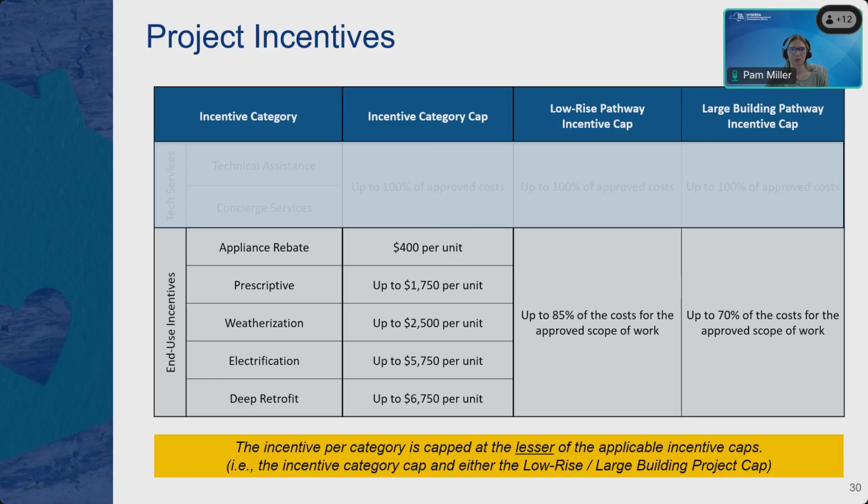So you see the refrigerator is $400 per unit, the prescriptive is $1,750 per unit, or by the cost of the scope of work, depending on the project size. So we have the low-rise pathway incentive cap, which we talked about earlier, having that 85% cap, and the large building pathway incentive cap, which is set at 70% of the scope of work.